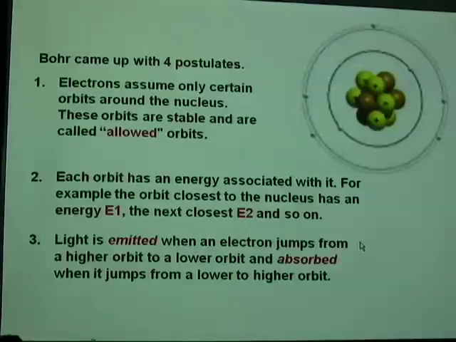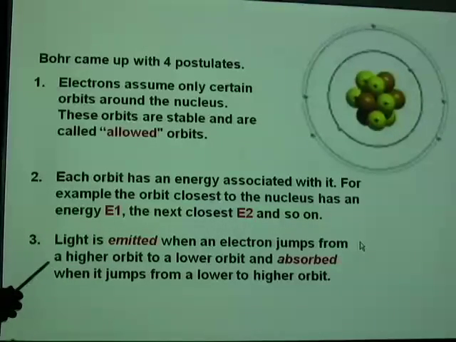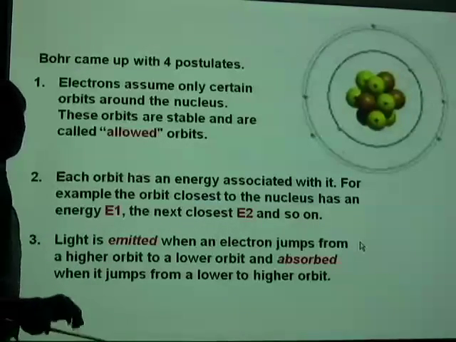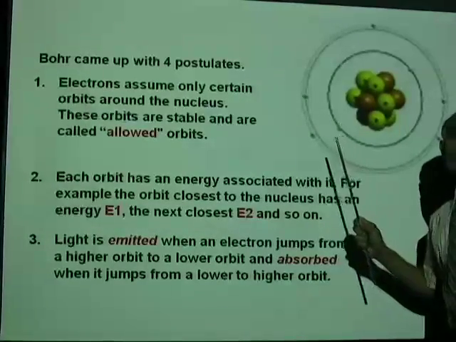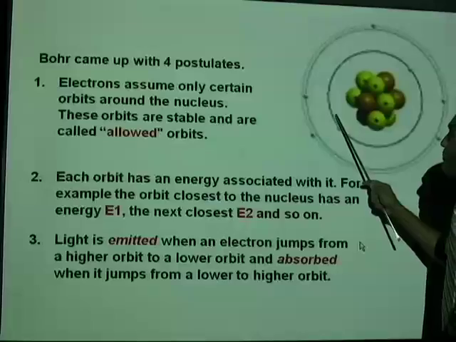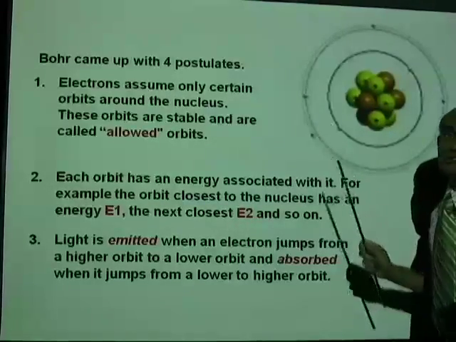The third postulate that Bohr came forward with is that light is emitted when an electron jumps from a higher orbit to a lower orbit, and absorbed when it jumps from a lower orbit to a higher orbit. Now, where is the energy of the electron more? Is it in the inner orbit or in the outer orbit?